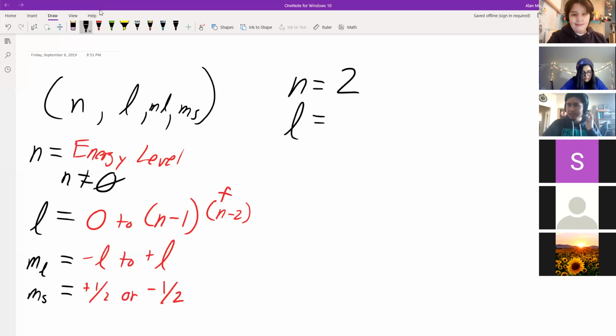Sorry, can you speak up a little bit? I can't seem to hear you. It's from 1 to 7. 1 to 7. So remember, l is based off n, which starts at 0 and ranges from 0 to whatever n minus 1 is. On this one, isn't it 0 to 1? Yeah, exactly, because n, which is 2, minus 1 is just 1. So it would just be 0 and 1.